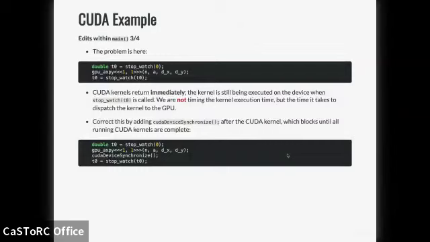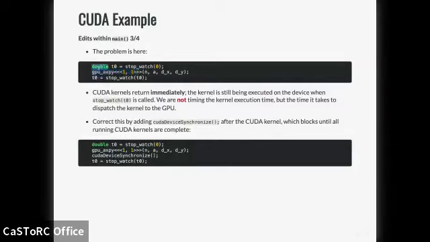Well, okay, so I intentionally let you fall into this problem just so that you understand that when the CPU calls this function, it doesn't wait for it to finish, right? You're just posting requests to the GPU to run that kernel.